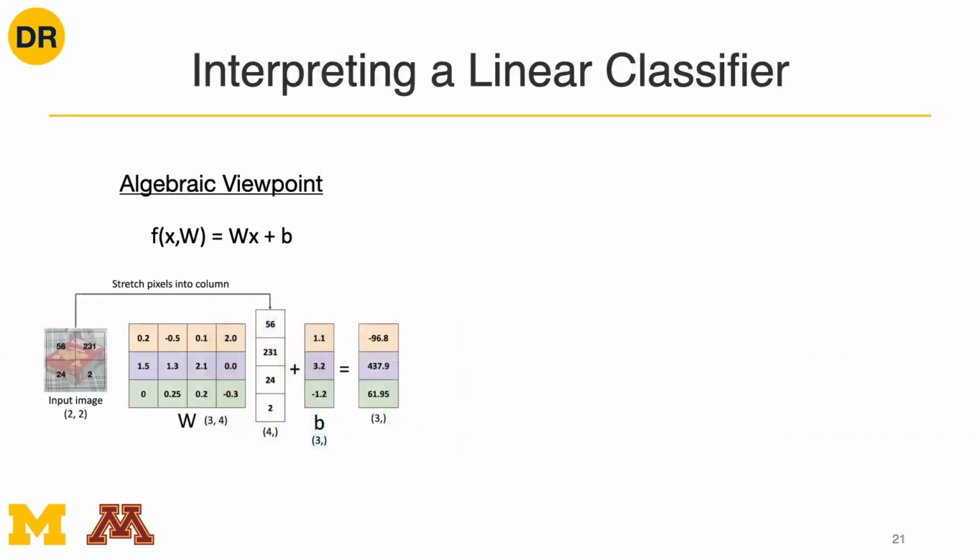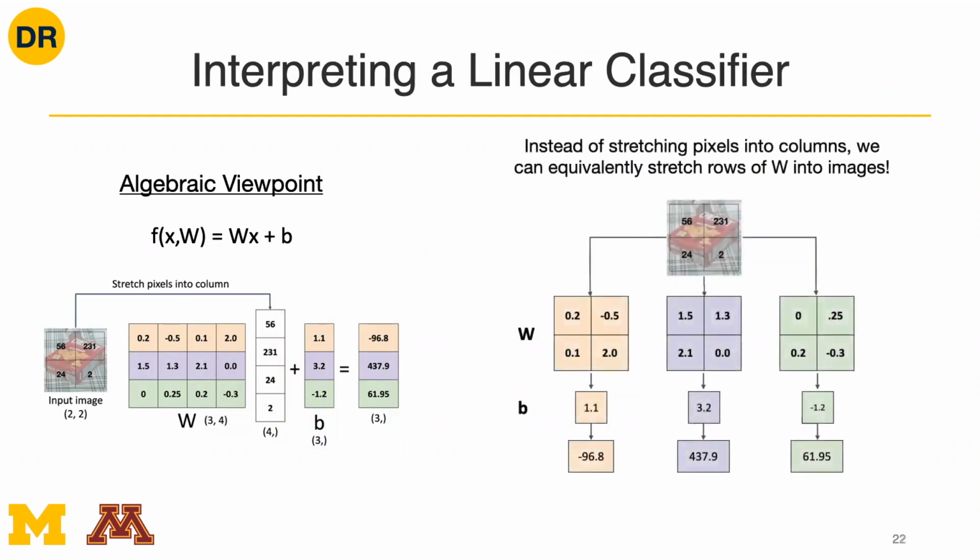Now let us take a different view of this particular operation. You can also view it as an inner product between your image and 3 different weight matrices, where each of them could be considered a template corresponding to a particular label.